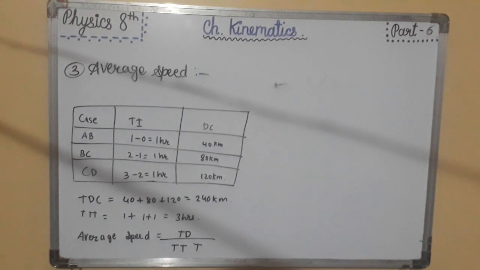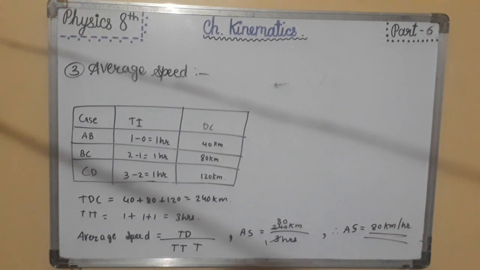So the total distance covered is 240 kilometer upon the total time taken, which is 3 hours. 3 ones are 3, 3 eights are 24, 0 carried. Therefore the average speed is equal to 80 kilometer per hour.